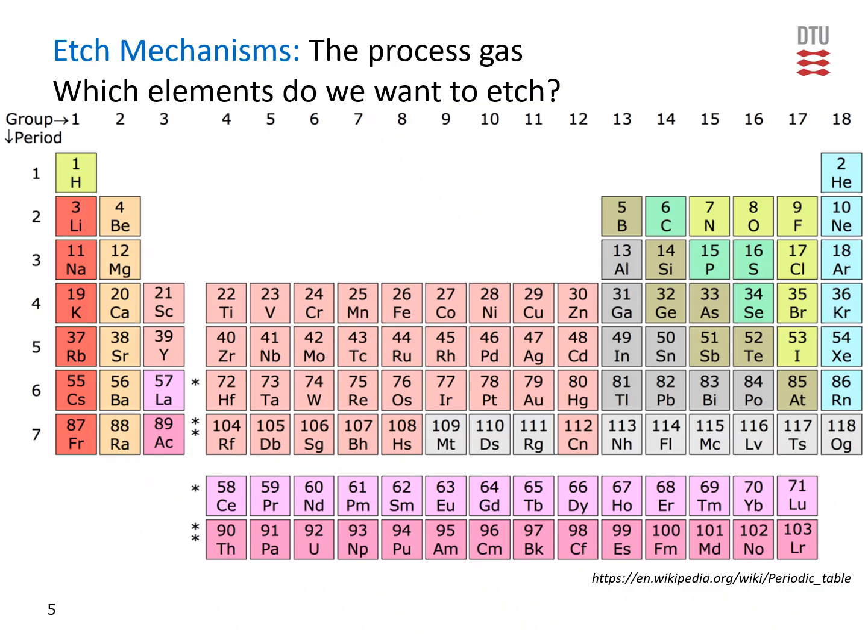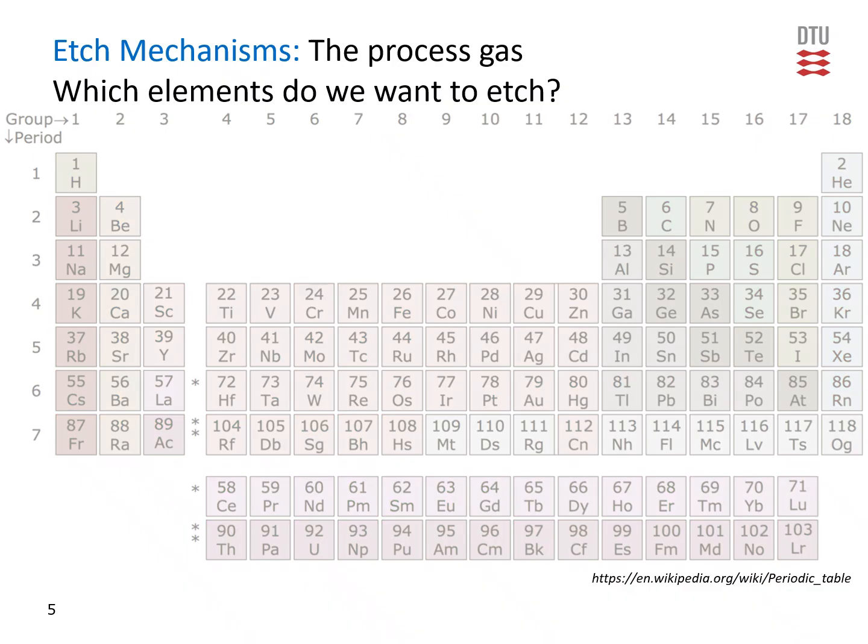Here you see the periodic table. We are not interested in etching all elements, but if we take a look at the interesting elements, then of course silicon is one of the materials we etch the most. Also silicon oxides and nitrides, and we will also have some germanium etching.